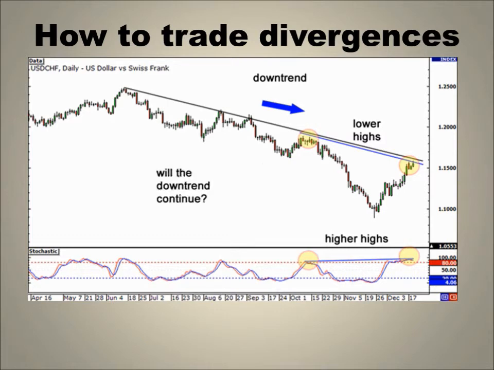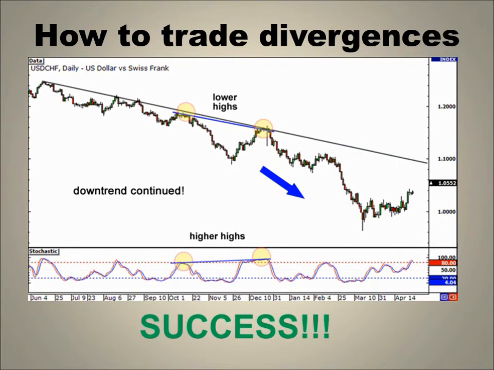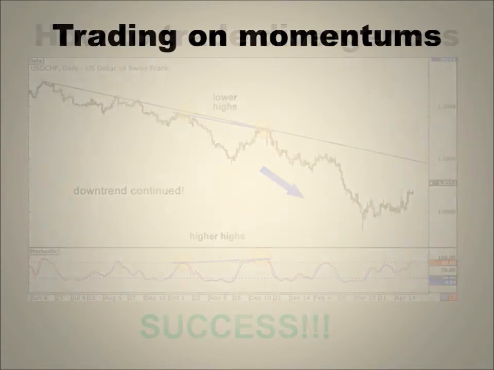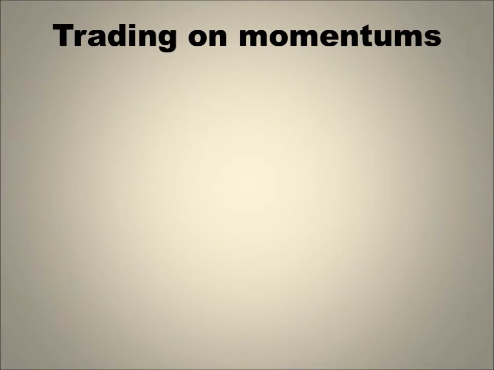So will the downtrend continue? And it does, and we're successful. So again, here is an example of how we use hidden divergences. The highs are getting lower, and it's going in the opposite direction of the oscillator, and the trend continues. So we've learned how to trade a regular divergence and how to trade a hidden divergence.